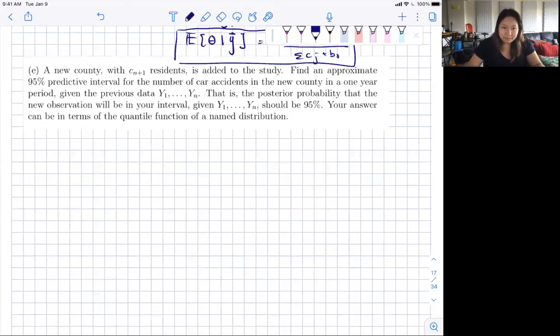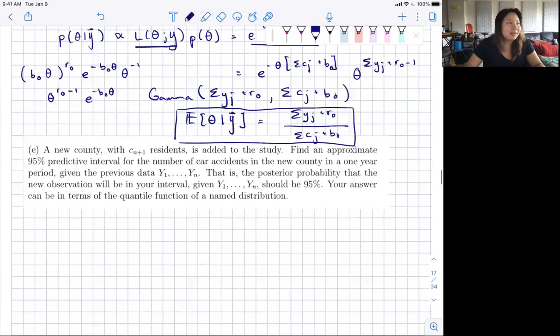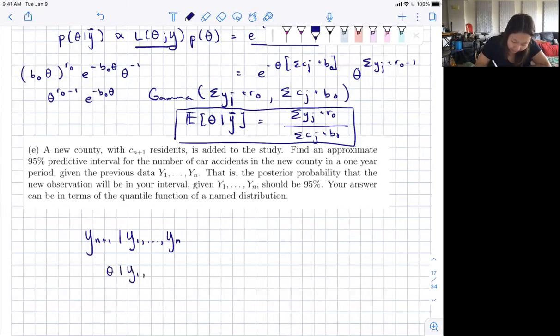We saw in one of the problem sets before that basically we're looking for the posterior distribution of this new y sub n plus 1. We have that theta given y1 through yn is distributed Gamma(sum yj plus r naught, sum cj plus b naught).